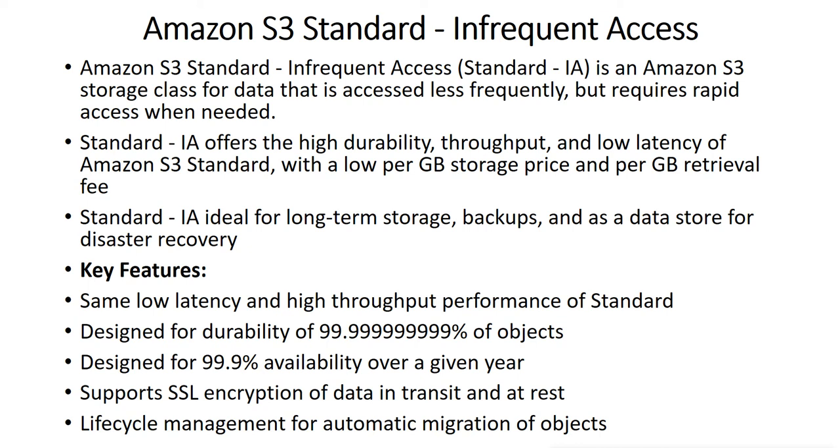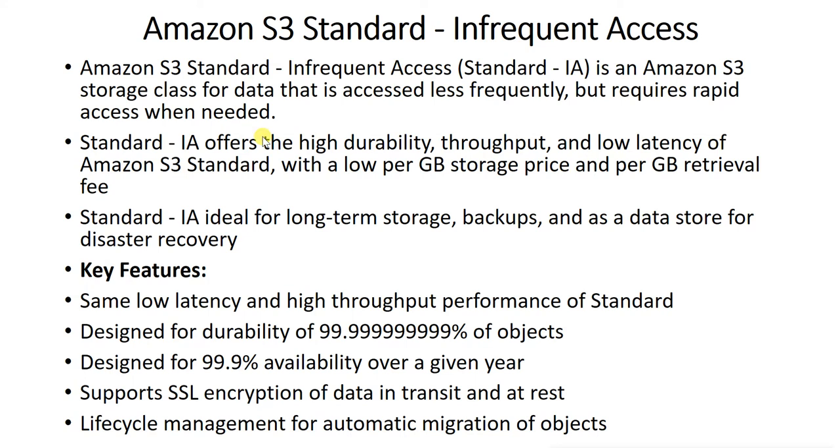In that case, you can store your data in S3 Standard Infrequent Access. It is an Amazon S3 storage class for data that is accessed less frequently but requires rapid access when needed. The speed of data retrieval is still pretty high, and it's a good place to store infrequently accessed files.